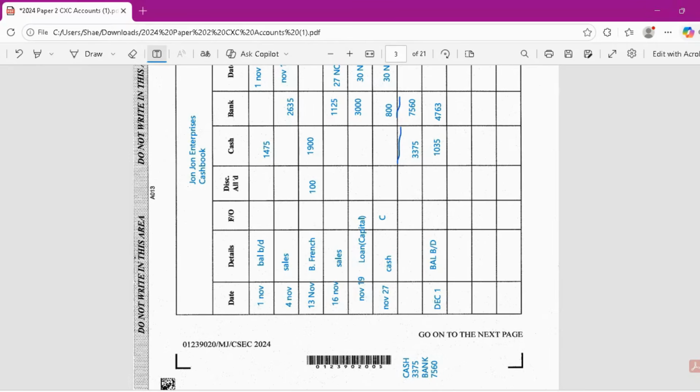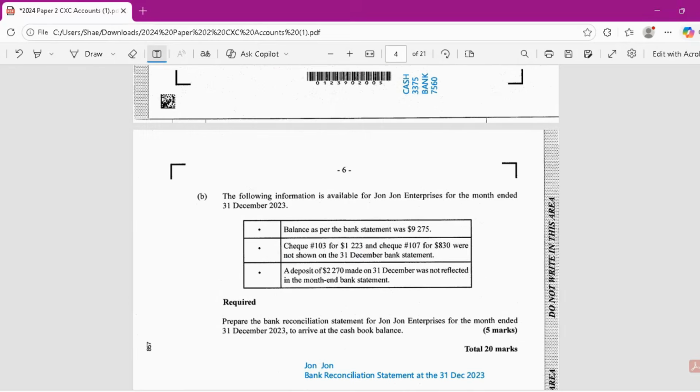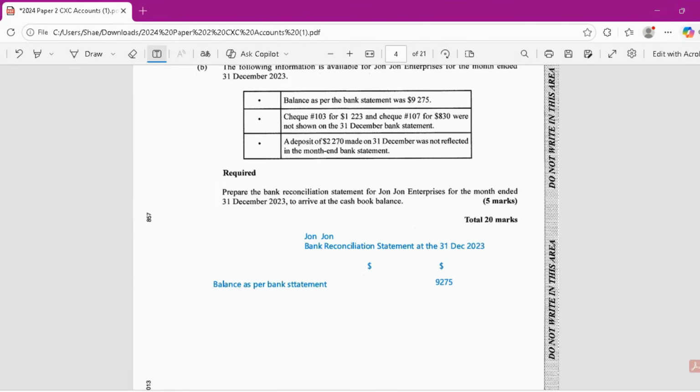Right? $4,763. All right. So it says a check for $1,223 and a check for 830 were not shown on the December 31st bank statement.